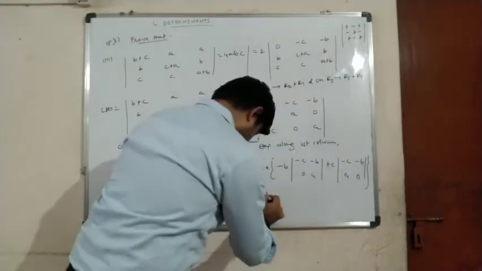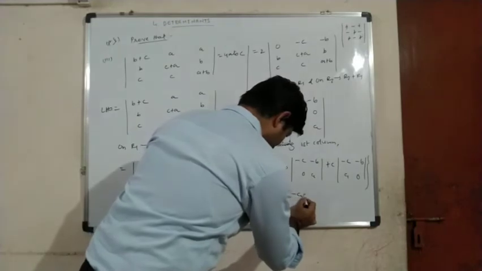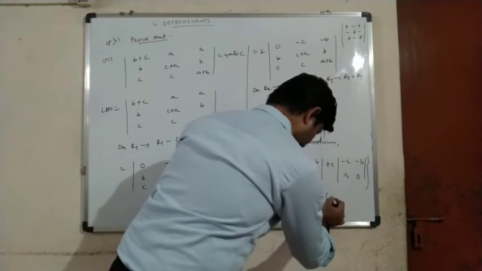Okay, on further simplifying, minus B into minus AC plus C into AB.